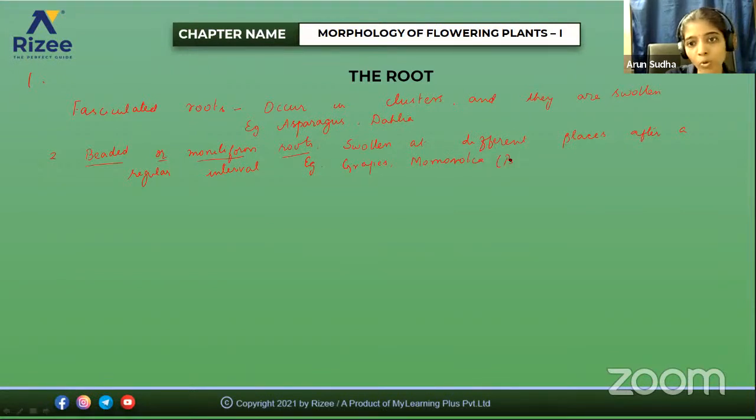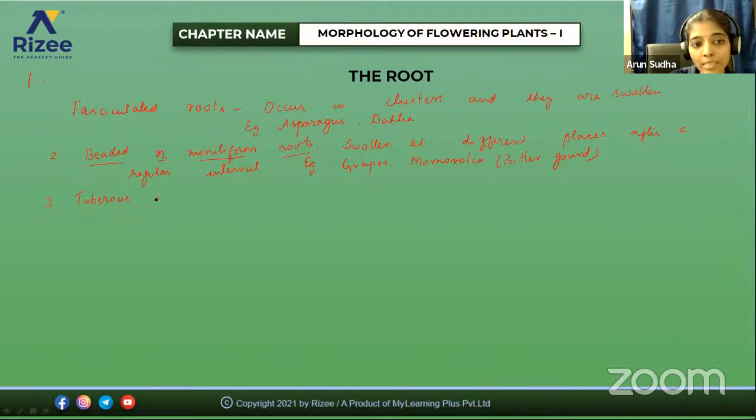So these are the examples for beaded or moniliform roots, where the roots are swollen at different places after a regular interval. But in the case of fasciculated roots, they occur in clusters and they are swollen throughout. Examples are asparagus and dahlia. The third form of root is called the tuberous roots.